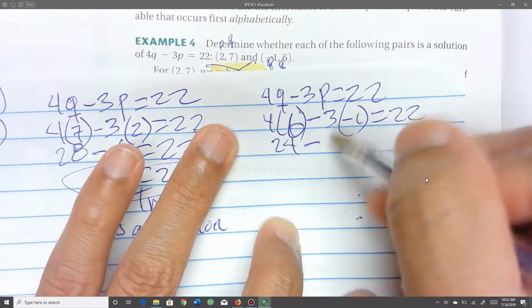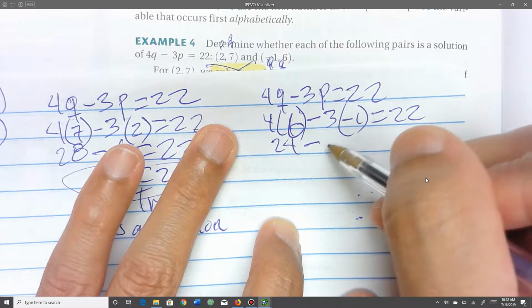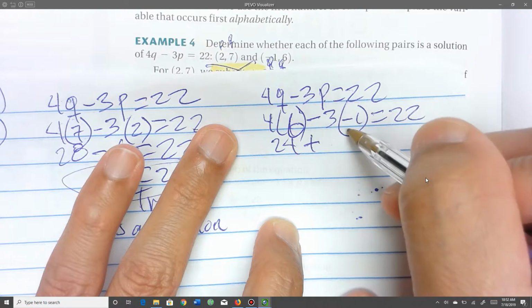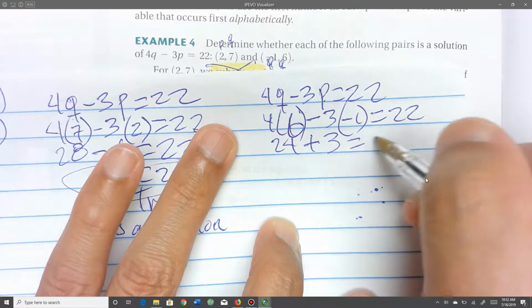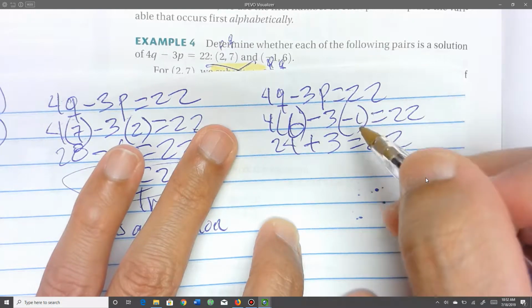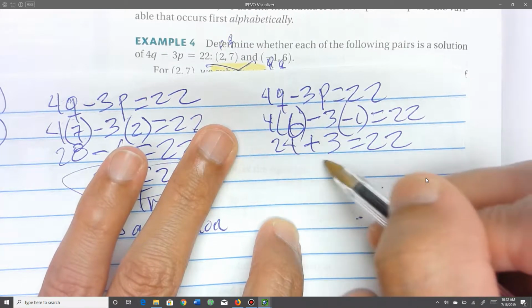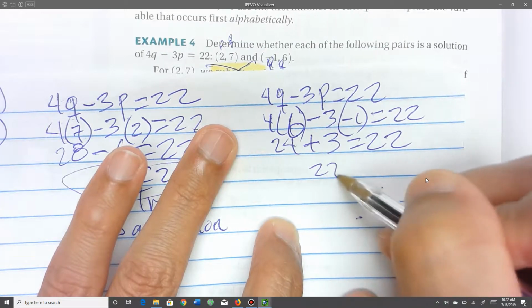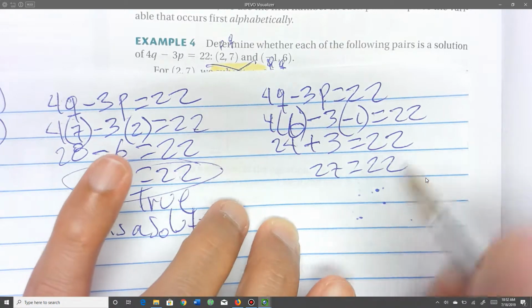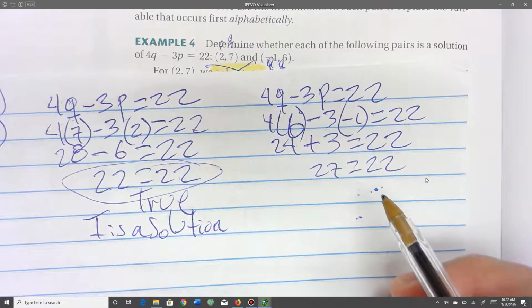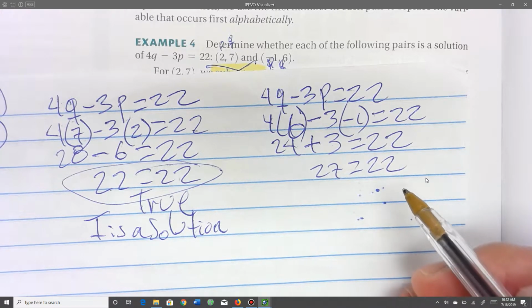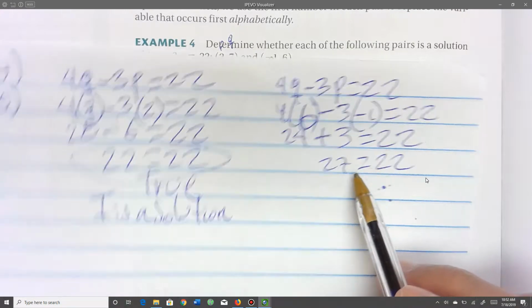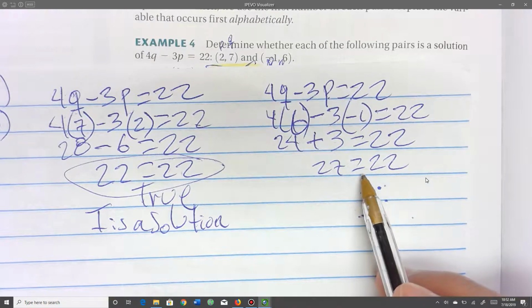Let me see. So that's +3 equals 22, and then 24 plus 3 is 27 equals 22. Okay, and we can see that the equation is not true, so it's false.